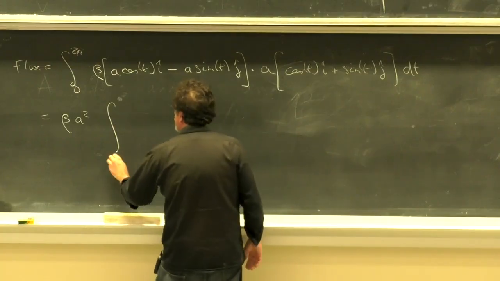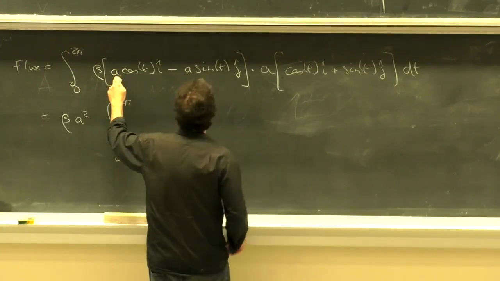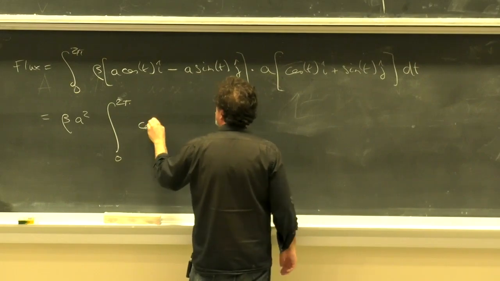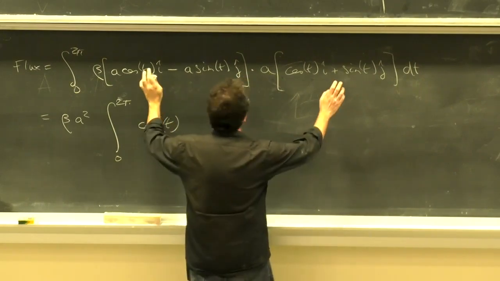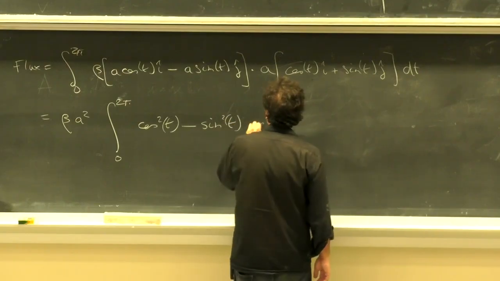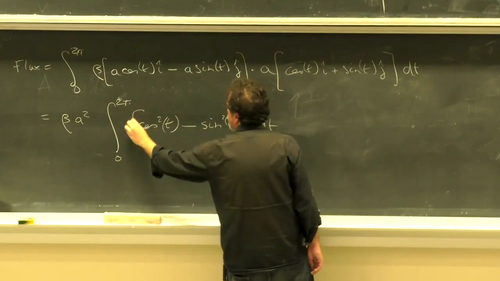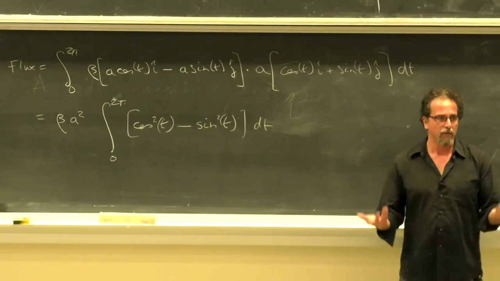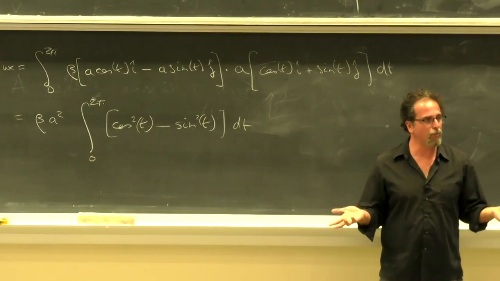Now this is the integral from 0 to 2 pi. I got the beta, I got the a squared out. Cos t times cos t is cos squared t minus sine squared t dt. Cos squared t minus sine squared t. Okay? So there's a bunch of ways to think about this.